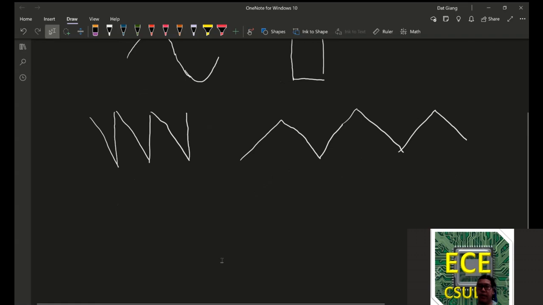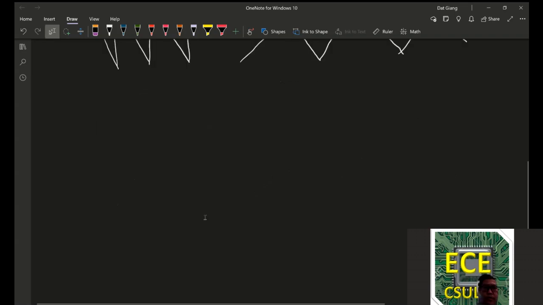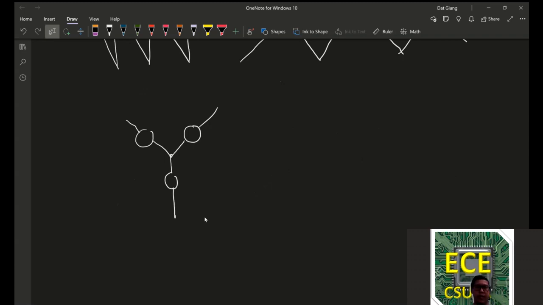In EE3300, you get to explore this concept a little further with three phase systems that look something like this, where these signals are 60 degrees out of phase with each other. And we'll explore the concept of what it means to be out of phase, lead, lag, and so on.